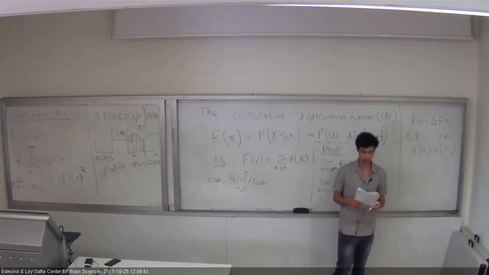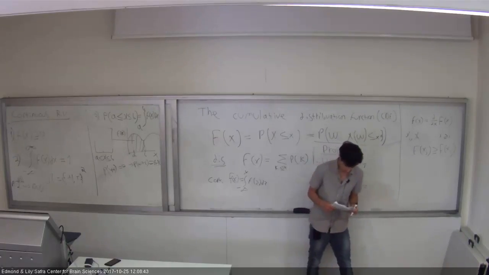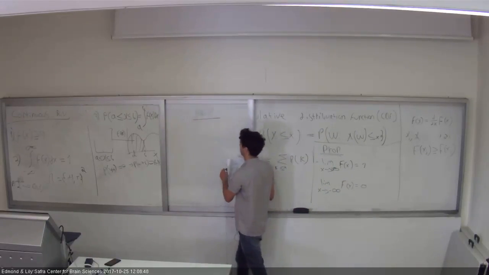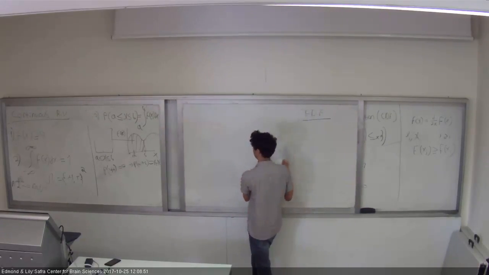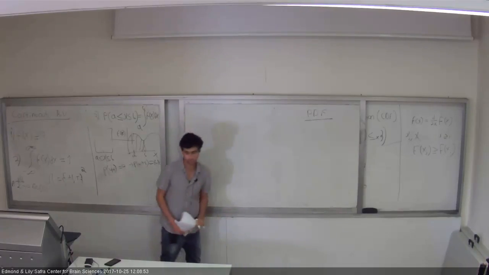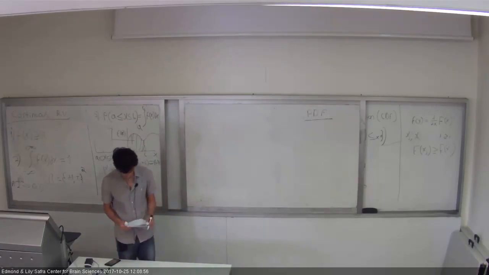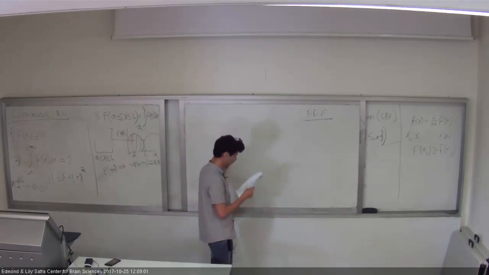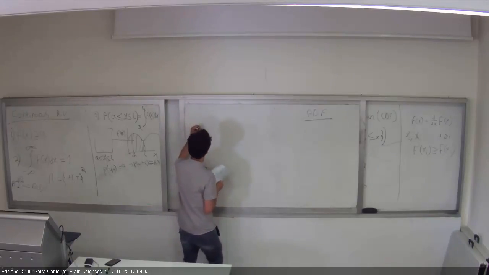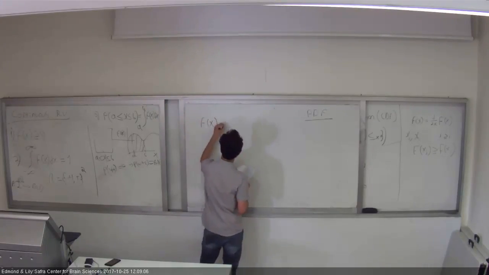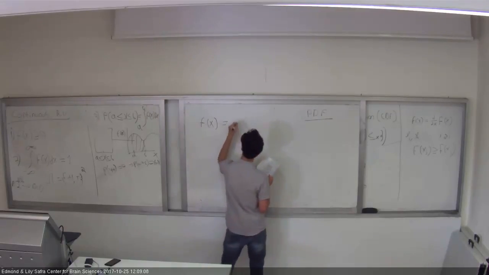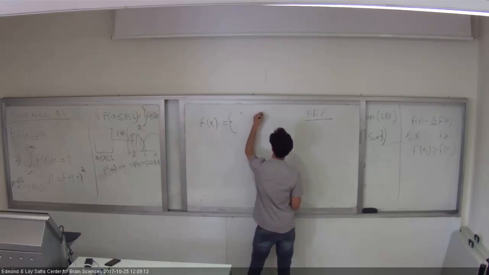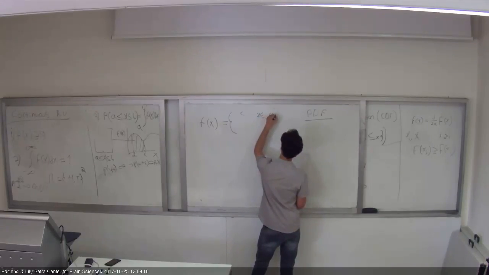Now let's do an example. So let's suppose that X is a continuous random variable, and it has the following density function. f of x is equal to some constant c if x is between a and b.